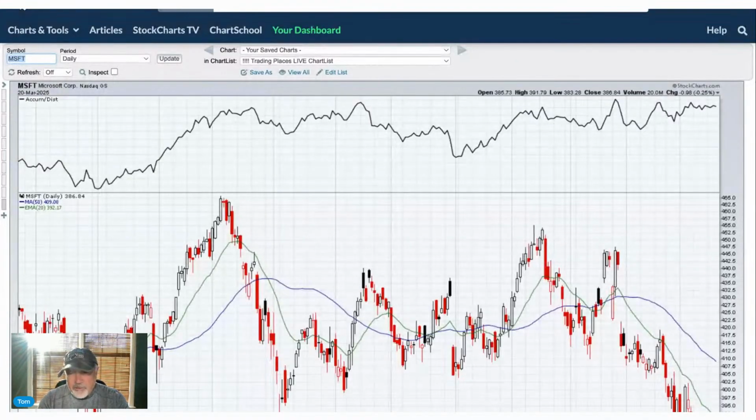So I think Microsoft's showing some really good signs. This would be a stock that maybe we could start accumulating. If the market keeps going down, it's probably going to be the gap downs. With an AD line looking that strong, sometimes these morning lows are great opportunities to get into Microsoft.